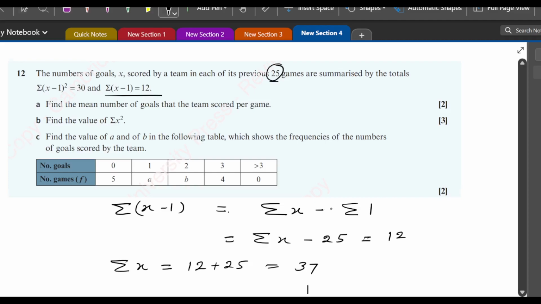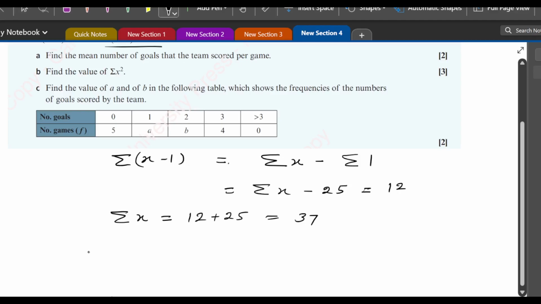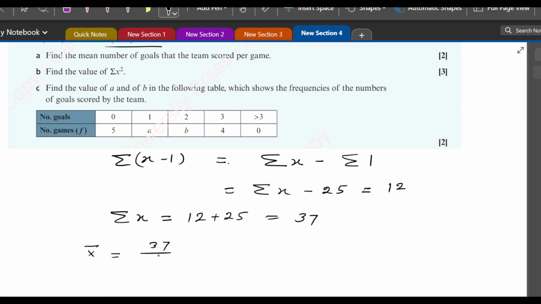And therefore x bar, which is the mean, will be equal to 37 divided by 25, which is 1.48. Okay, so this is one approach how I can find out the value of mean.